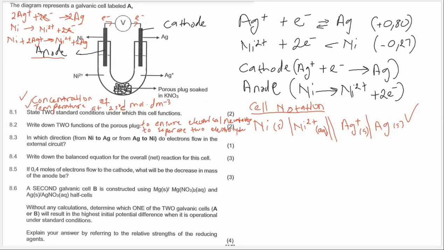The electrolyte solution on this side and this side should not mix, especially the ions of the metals. If here you have a solution that contains nickel ions, these nickel ions should not mix with the ions on the other side.